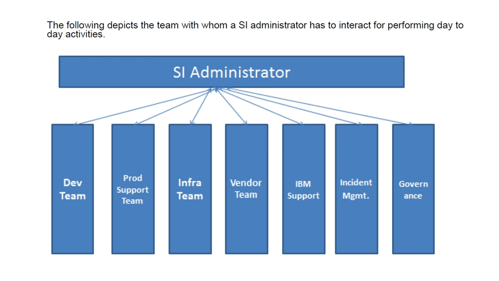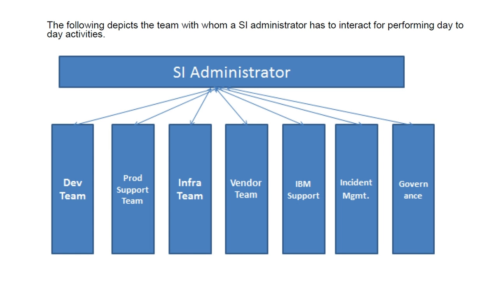The reason is that Sterling Integrator is an integration application, so it is talking to different downstream and upstream applications, and the infrastructure on which it is running has a lot of prerequisites and requirements.